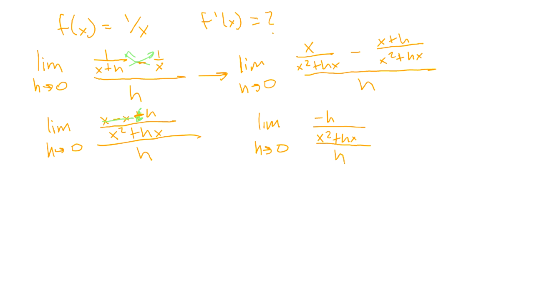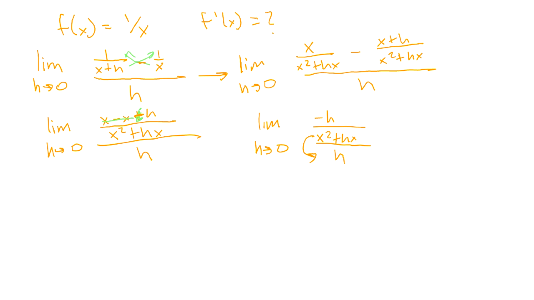Now, right now we kind of have this weird double fraction. So what we can actually do is, since really what we're doing is dividing that negative h by x squared plus hx, then dividing it one more time by h, we can move this down to the bottom.